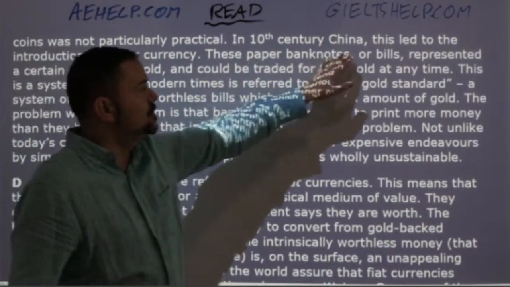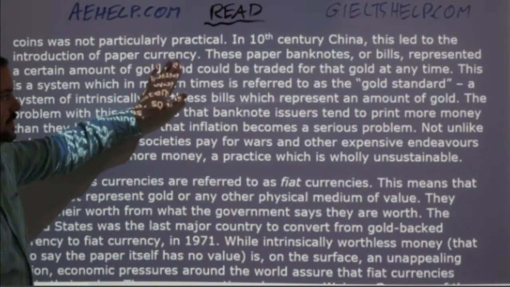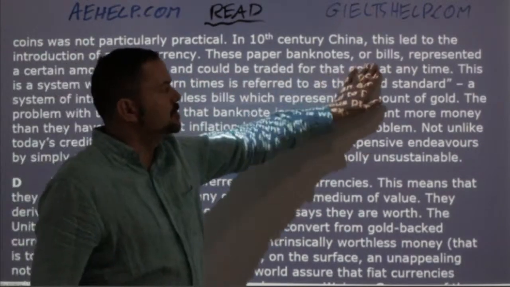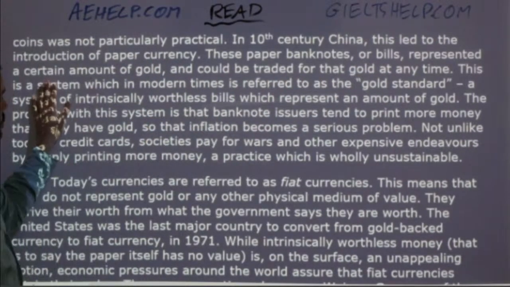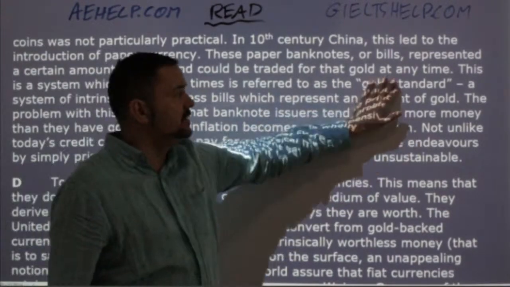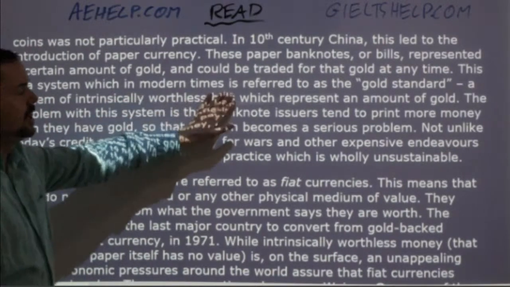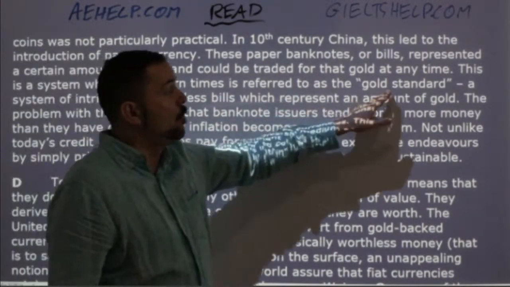In 10th century China, this led to the introduction of paper currency. These paper banknotes or bills represented a certain amount of gold and could be traded for that gold at any time. This is a system which in modern times is referred to as the gold standard.